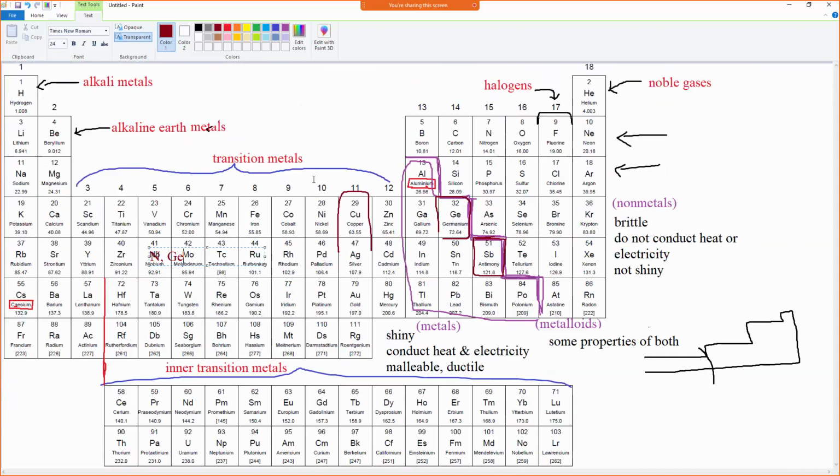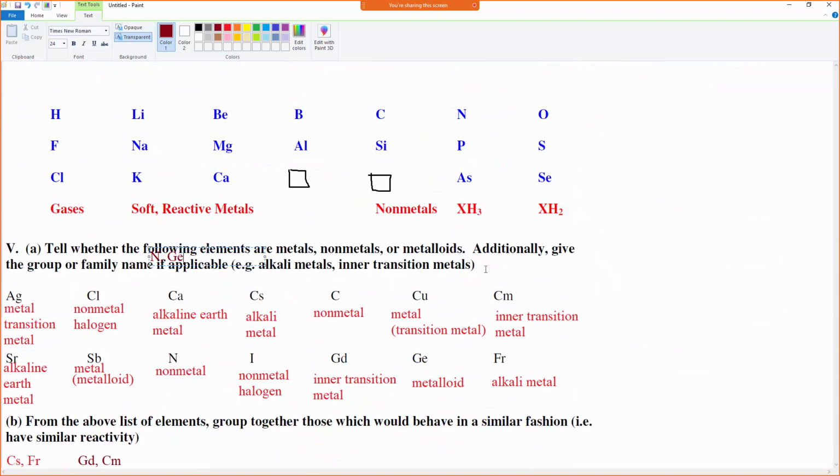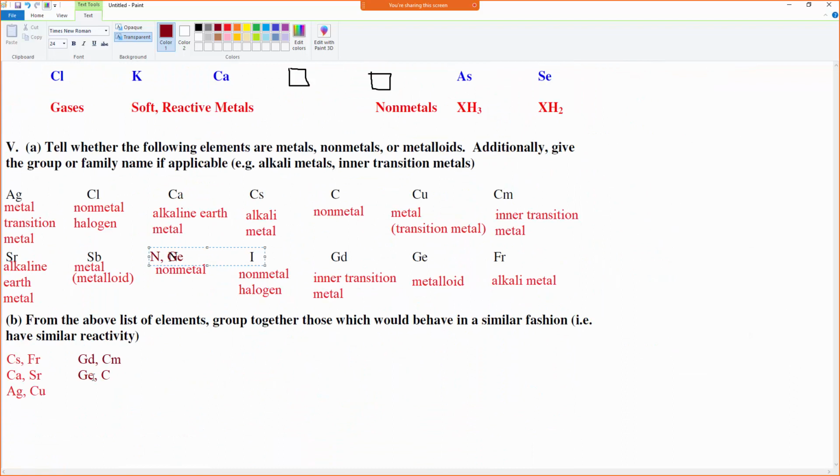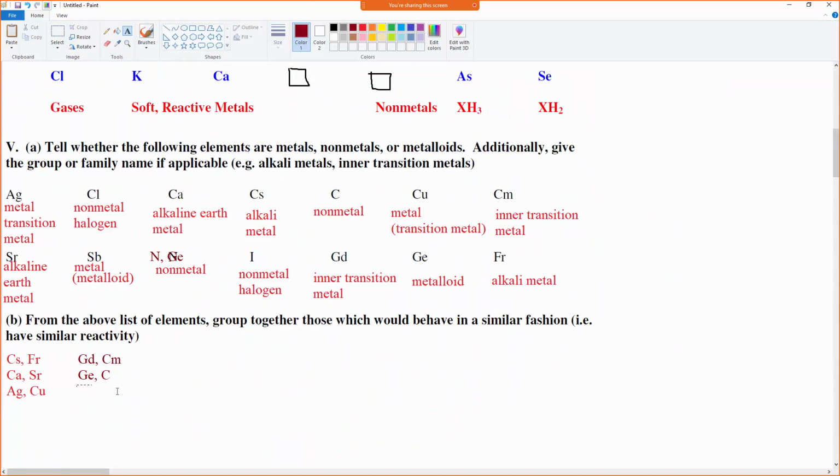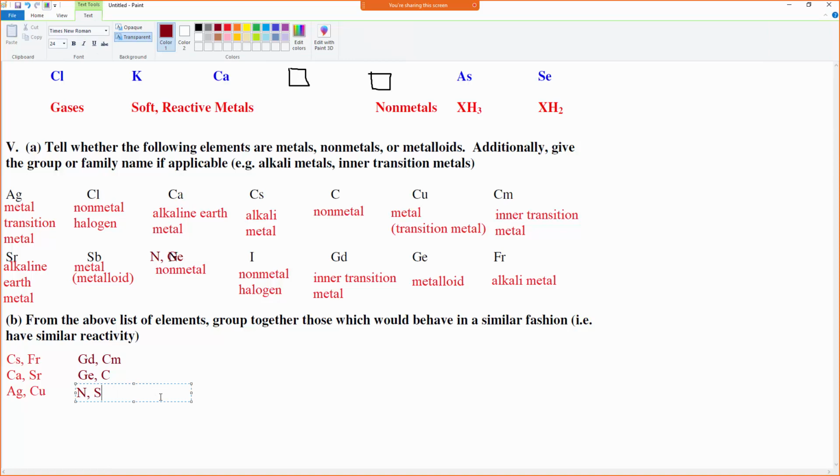Kind of fun to look at the periodic table and see how many of these are named after places or people you know, right? So germanium is actually named after Germany. Wait, not nitrogen and germanium. They're not in the same column. Nitrogen and Sb, right? Sorry. Carbon and germanium. I did that there. Oh yeah. Nitrogen, Sb. Yeah, you're good.